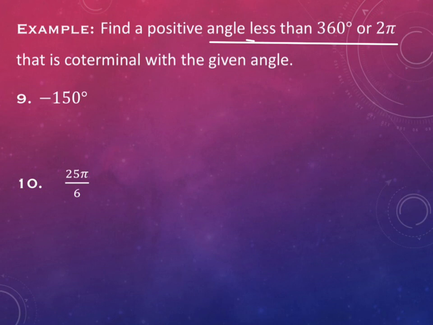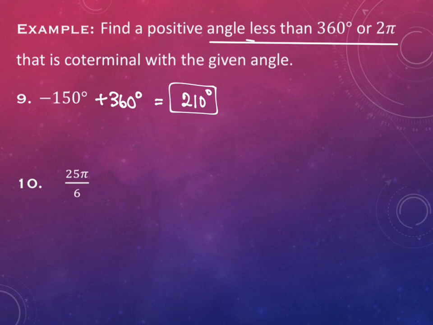So if I add 360 to this, which is the same thing as 360 minus 150, what will I get? 210. And it meets the criteria of the directions. The directions said positive, it's positive. Less than 360, it's less than 360. So 210 is coterminal with negative 150.